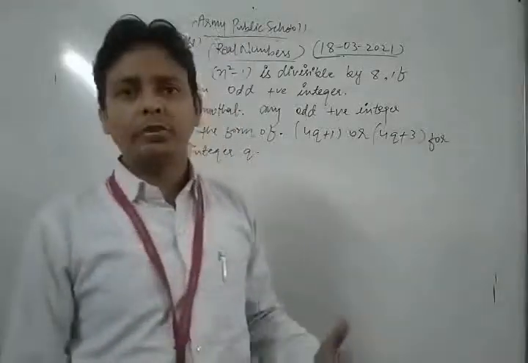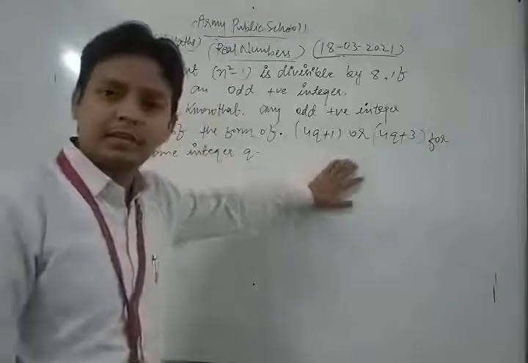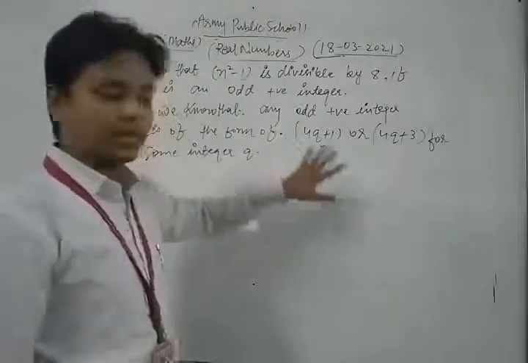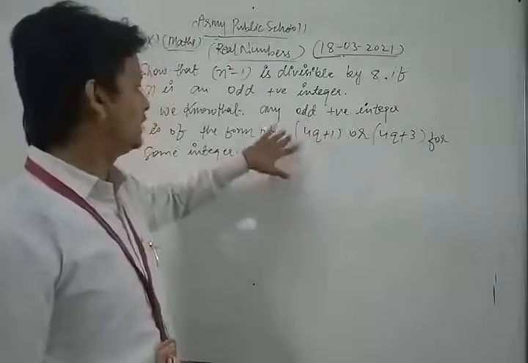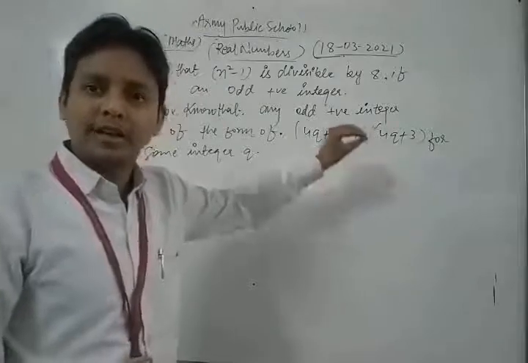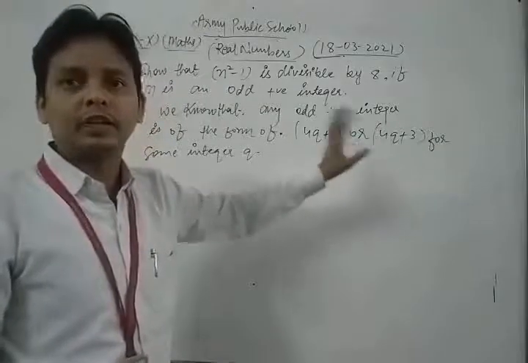We discussed this topic in the previous class, where we had to show that any odd positive integer is of the form 4q plus 1 or 4q plus 3. So for this question we use that concept.